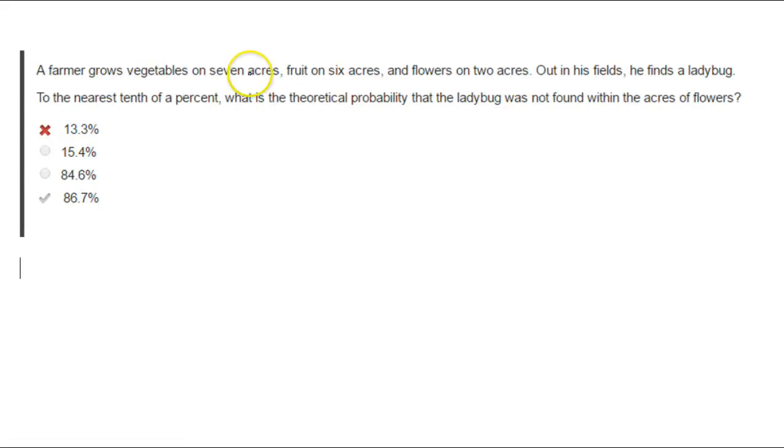A farmer grows vegetables on 7 acres, fruit on 6 acres, and flowers on 2 acres.